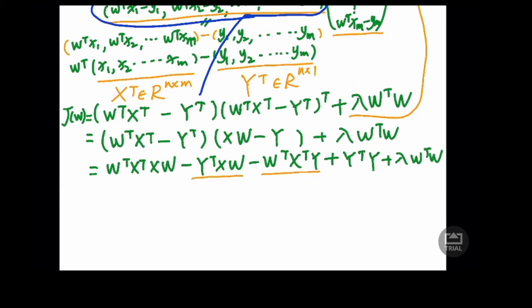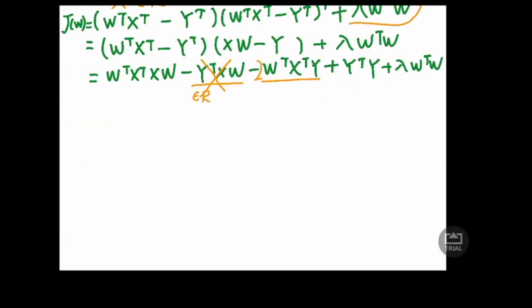They're real numbers, and they're each other's transpose, right? So they're identical. I can cancel one of them and plug in a 2 here. Then it equals W transpose X transpose XW, but this time I want to move this term forward, and minus 2 times W transpose X transpose Y.